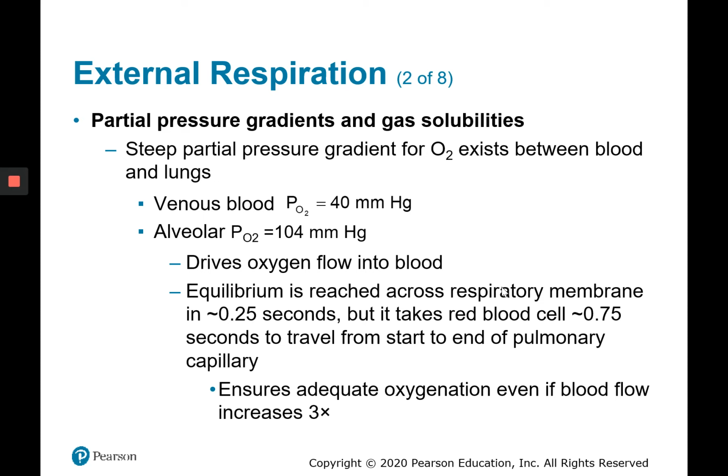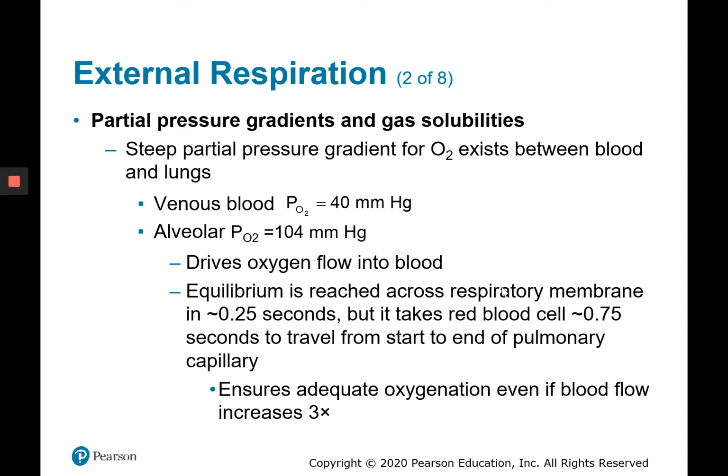So there's a lot of oxygen in the airspace, not as much oxygen in the blood or the pulmonary capillaries. And this steep difference is going to ensure that oxygen is able to go from the airspace to the blood during external respiration. So we need a steep gradient because we want oxygen to flow into the blood, but oxygen does not like to dissolve.